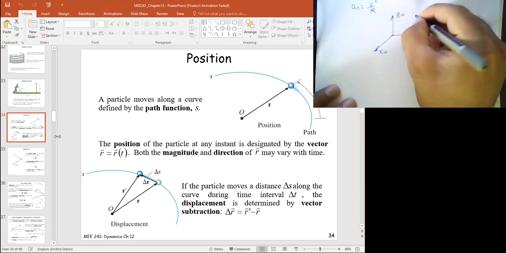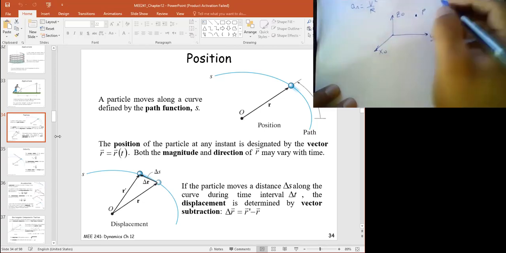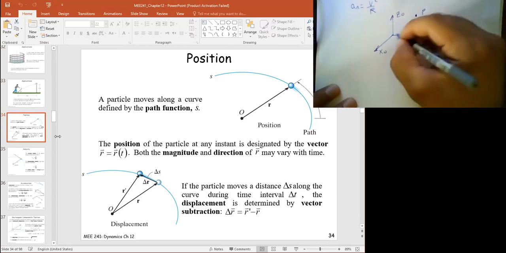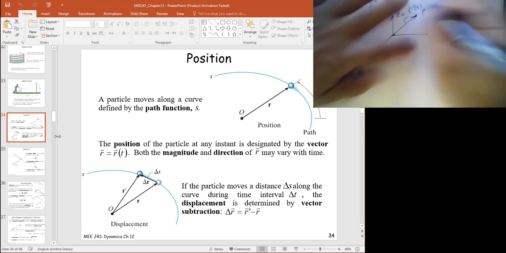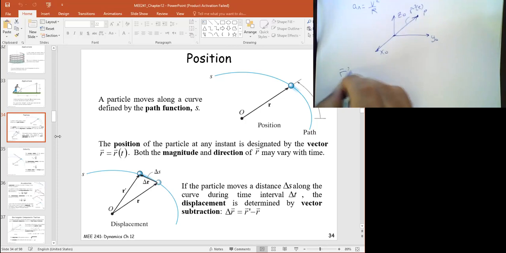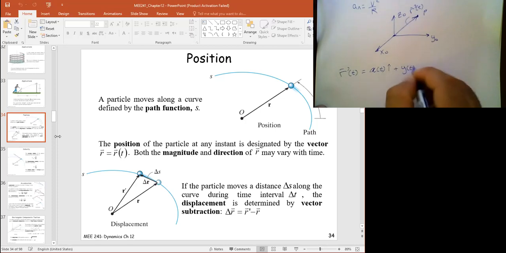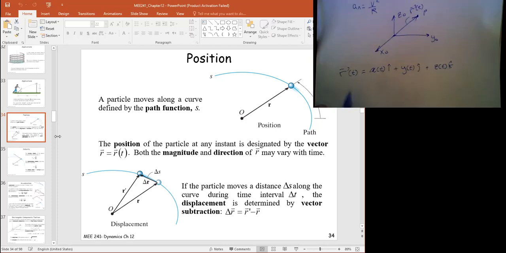And if the particle P is somewhere here, I can write this r. So r as a function of time is going to be equal to x(t) i plus y(t) j plus z(t) k.